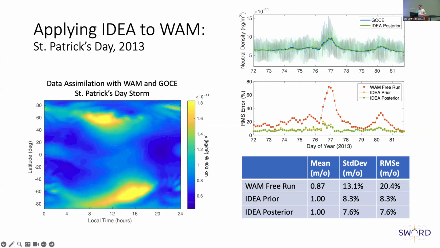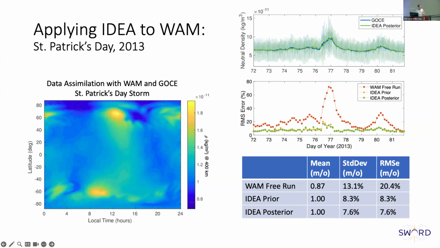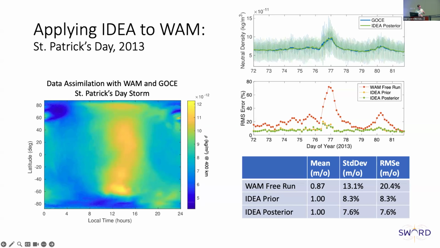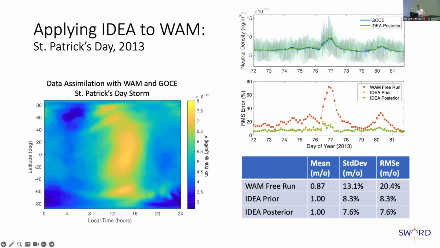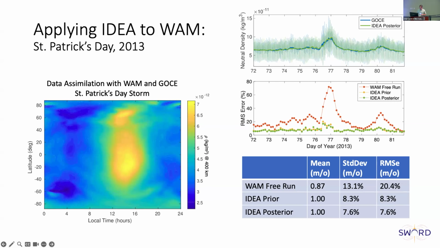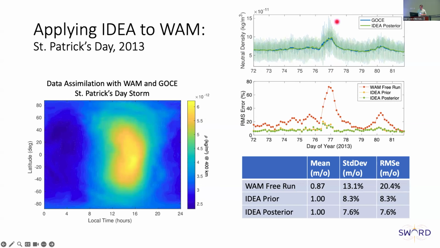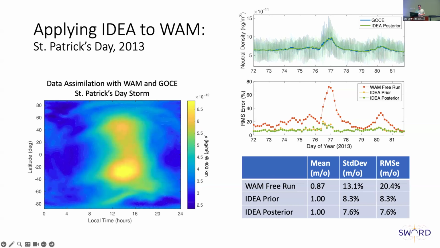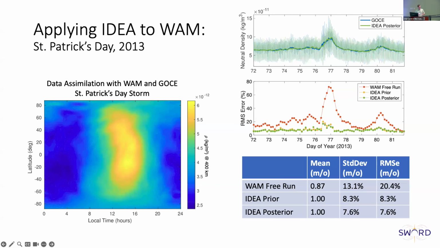So you can see this method works pretty well to take away the bias of the model. And I'm not actually showing the free running model, but it's fairly biased, and that's to be expected on pretty much any thermospheric model that is not calibrated in a real time or recent kind of setting.